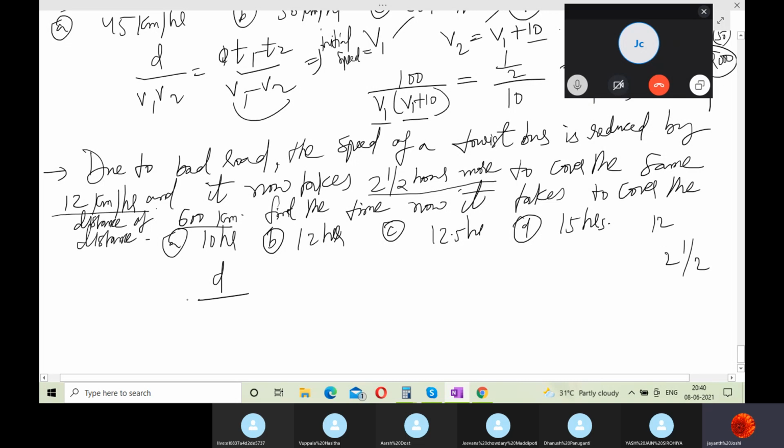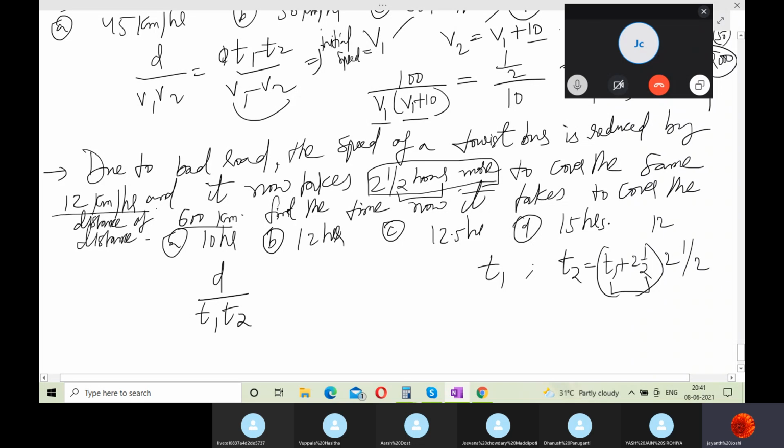So D by T1 T2. Why am I taking T1 T2? Because the difference is created in time. It is taking 2.5 hours more, correct? So if I take the initial time as T1, what would be my T2? T1 plus 2.5. Correct or wrong? Please tell me, all of you.